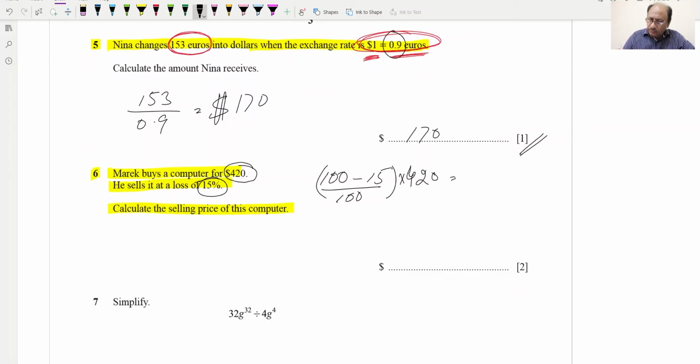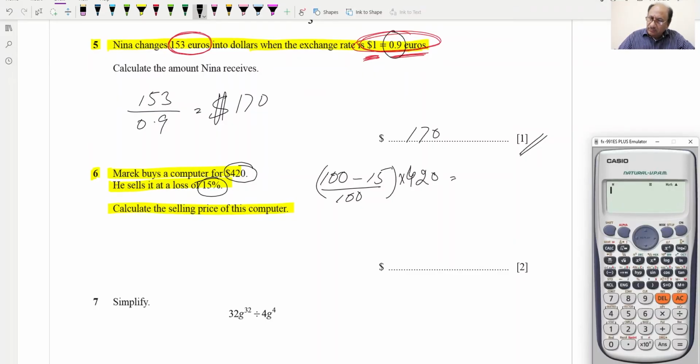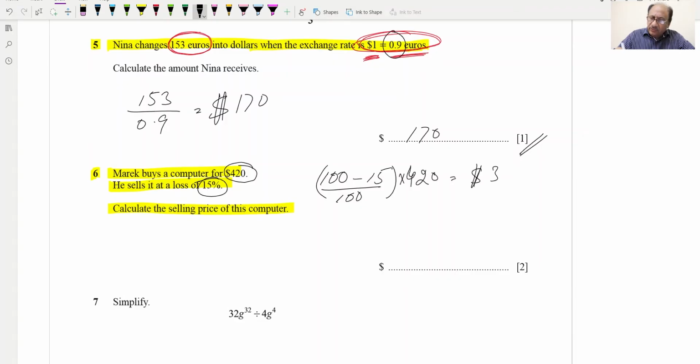We can write in brackets 100 minus 15, and if we take the fraction first, 100 minus 15 in brackets over 100, multiplied by 420, this is equal to 357. So it will be $357, and this is our answer for 2 more marks.